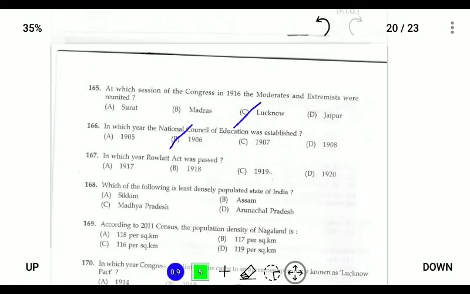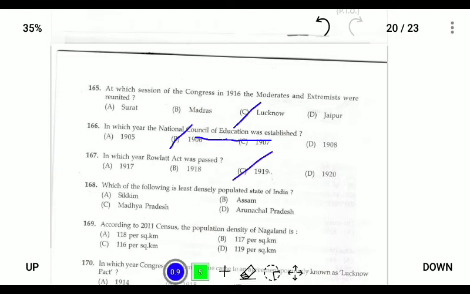It was established during the Swadeshi movement, when the partition of Bengal took place, and as a result people started to find new ways to spread education, so the National Council of Education was established in 1906. In which year was the Rowlatt Act passed? The Rowlatt Act was passed in 1919.